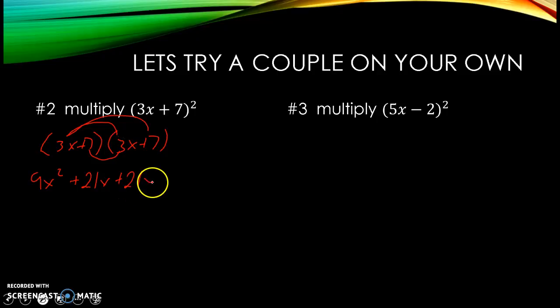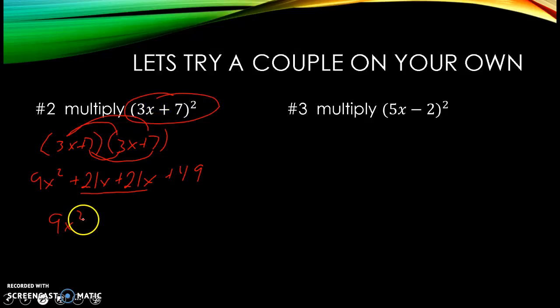There's another 21x. And 7 times 7 is 49. So you can see these two inside terms are the exact same, and that's the way it'll always be when you're taking a binomial and squaring it. So we're going to end up with 9x squared plus 21x and 21x is 42x plus 49.